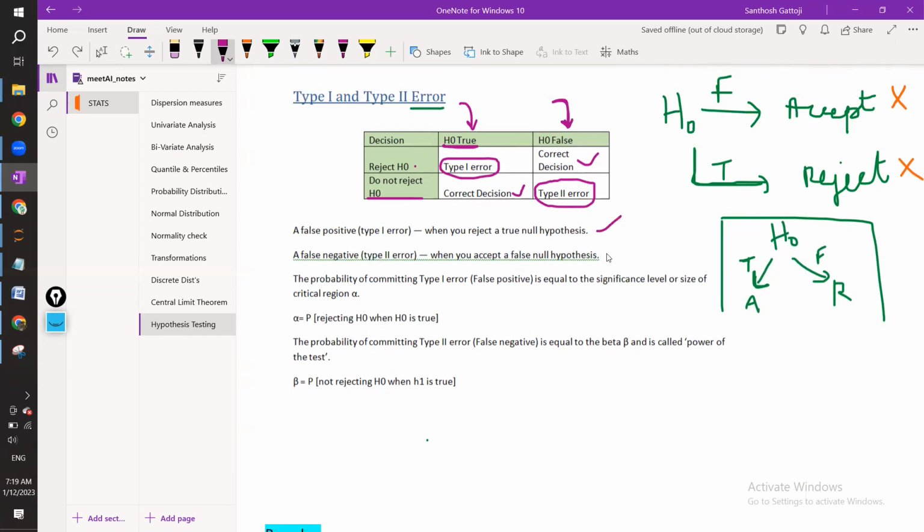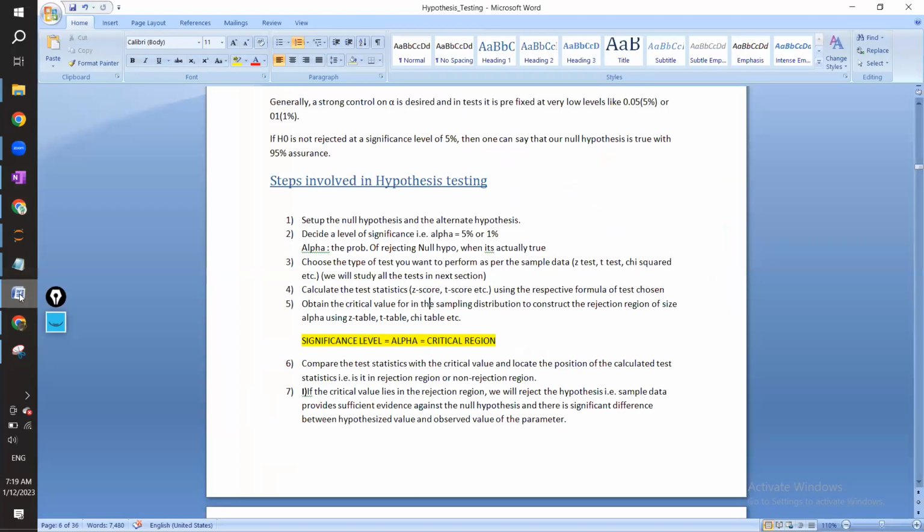Type 2 is when you accept a false null hypothesis. And type 1 is also called the significance level or size of critical region. The probability of committing a type 1 error is equal to the significance level or size of critical region. It's rejecting a true null hypothesis.